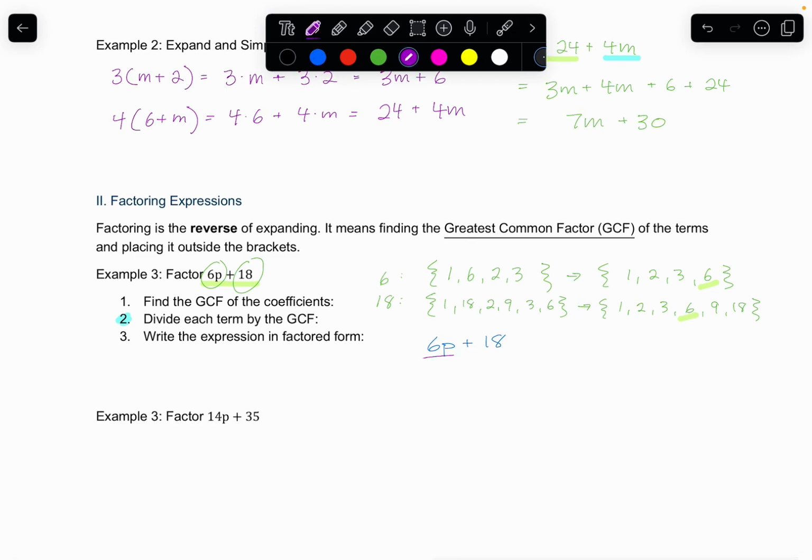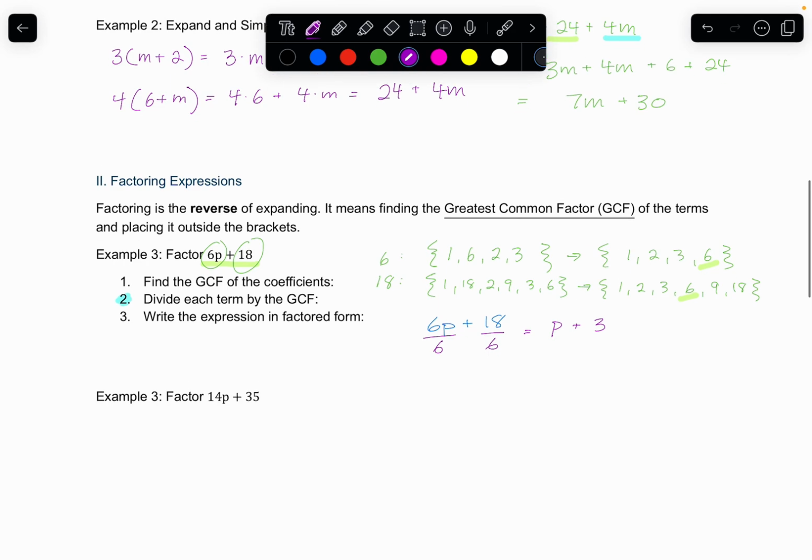So 6p divided by 6, and then 18 divided by 6. By doing this, we break apart each term. And what we get, 6p divided by 6 is just p. And 18 divided by 6 is 3.